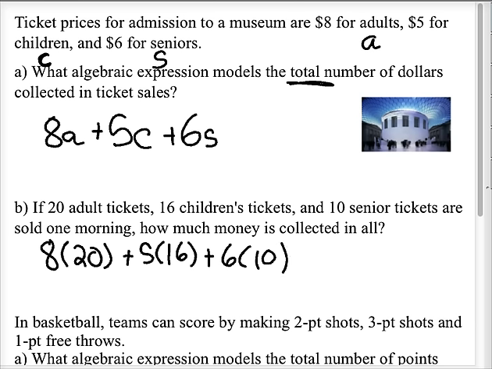Now you follow order of operations. So 160, 80, and 60. Now we add those all up. That's going to be $300 that they made that particular morning.